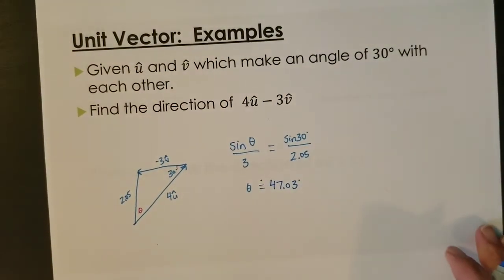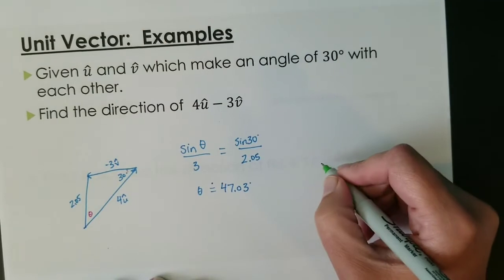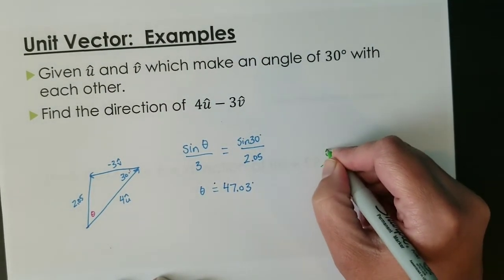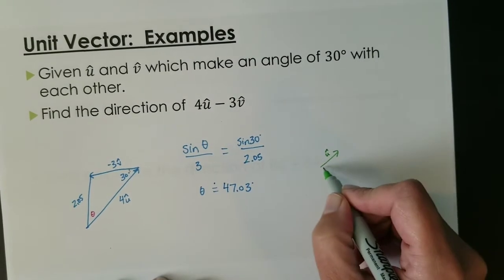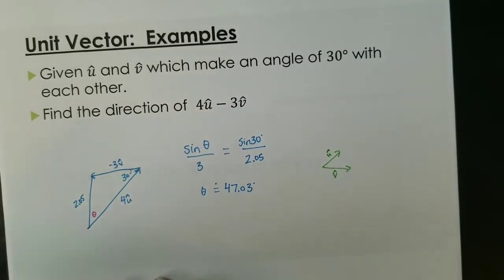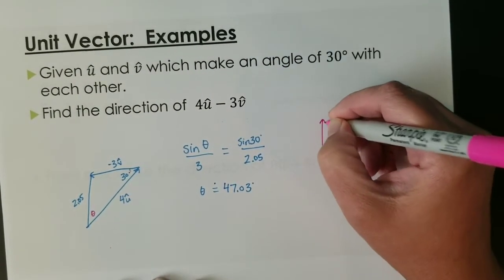Now the important thing here is to be able to explain what this theta actually means. So the theta is the angle between, remember we're always talking tail to tail, my original u hat and v hat were like that, and then my resultant was over here.